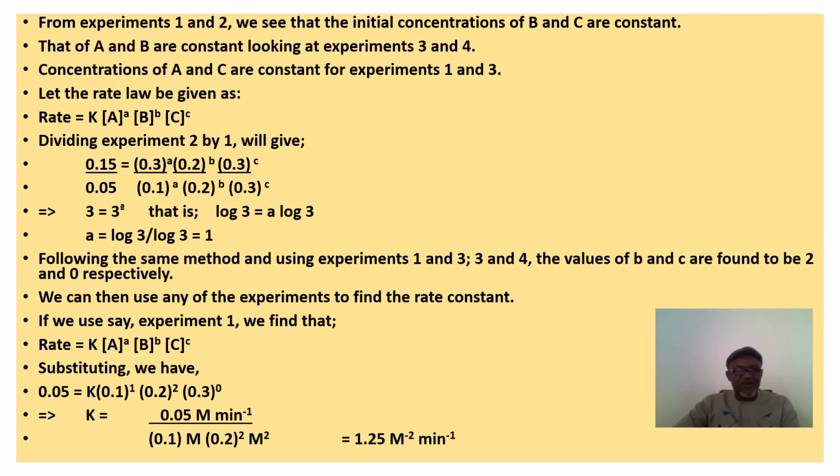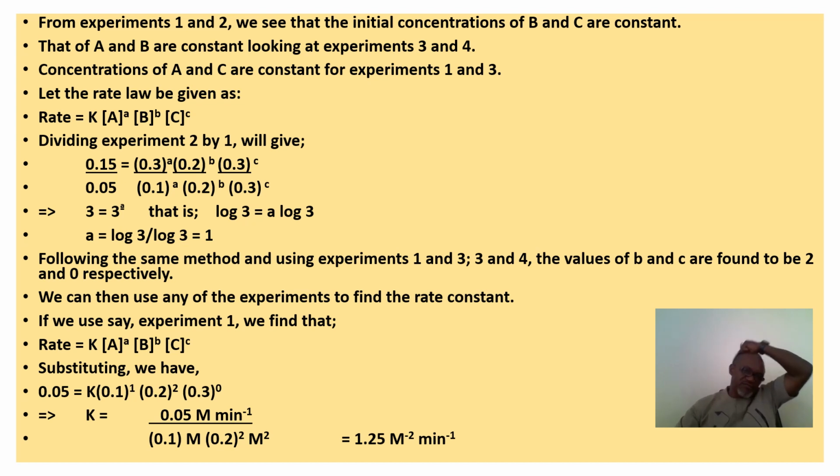Once we get values for k and get values for the small a, b, and c, we'll be able to get our rate law. So dividing experiment 2 by experiment 1, we'll have, look at this, experiment 2 is 0.15, 0.3 for A, 0.2 for B, and 0.3 for C, divided by 0.05 and all that.